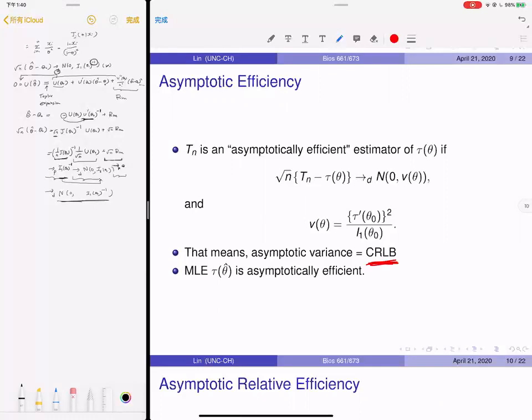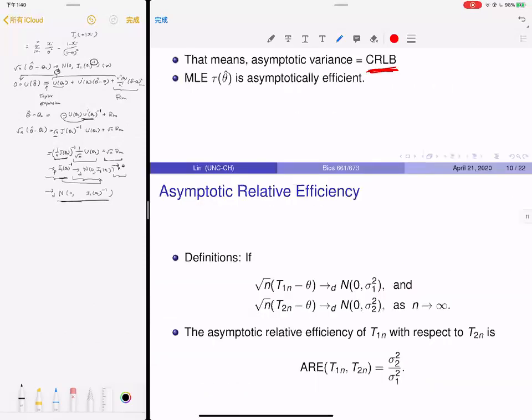Okay, good. Although sometimes theta hat itself is not unbiased, but it's okay. As long as n goes to infinity, the variance of the MLE is going to be that small, beating out a bunch of unbiased estimators.